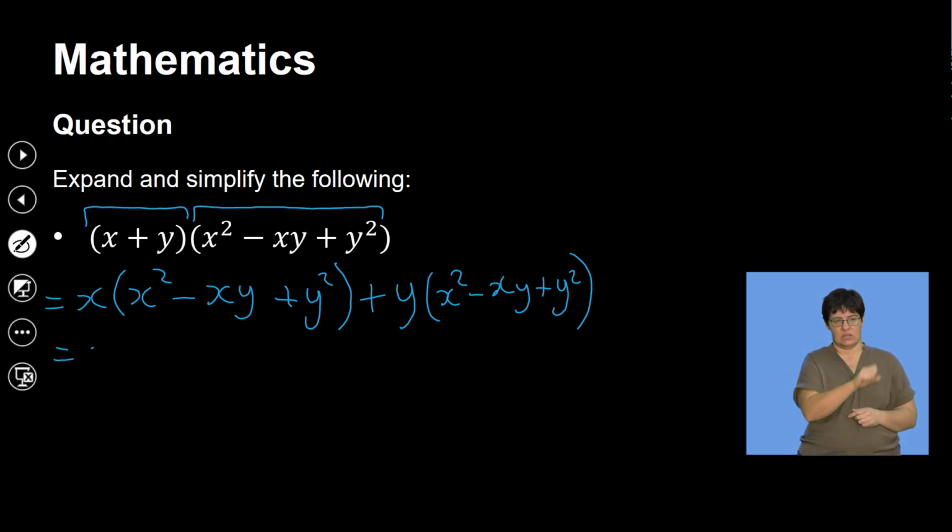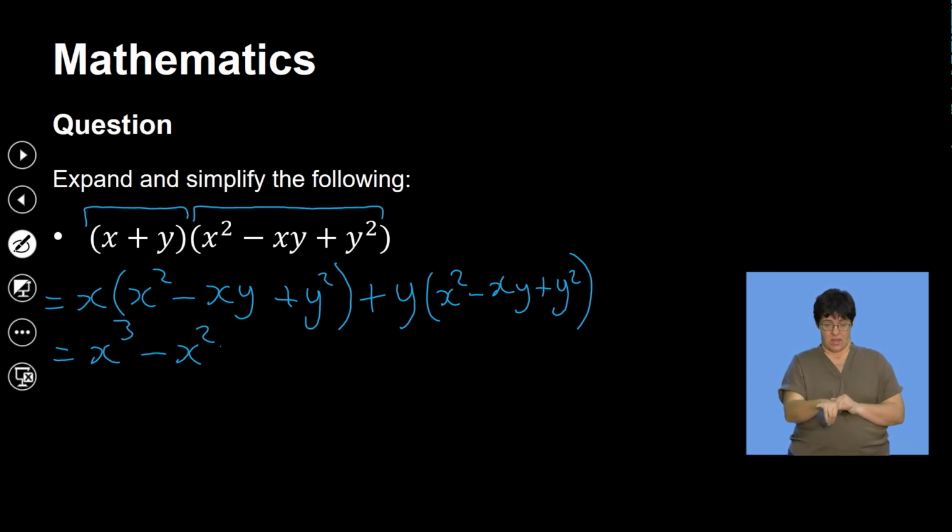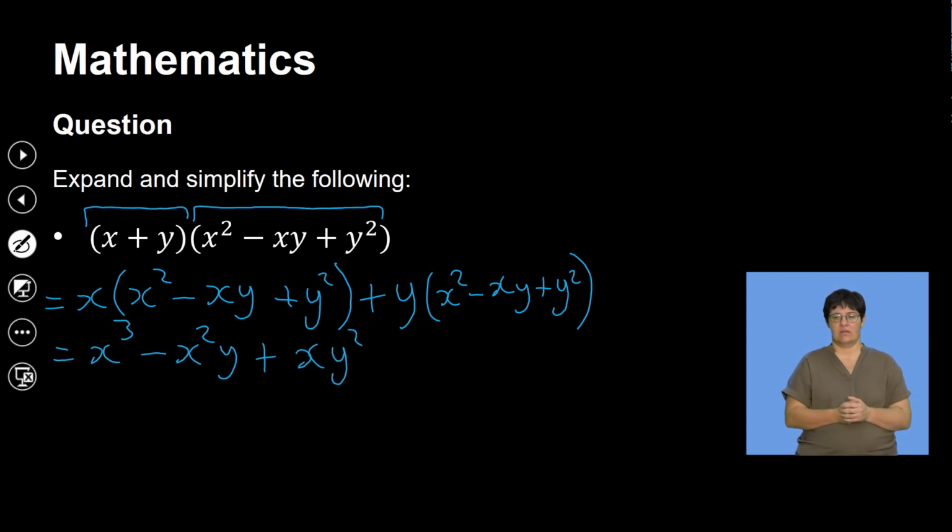So this becomes x cubed minus x squared y plus y squared x, right? But we just need to start with the x, because remember I just said we normally write them in alphabetical order. So this will be x y squared. Then let's go to the other bracket. When we remove the bracket, it becomes plus x squared y.